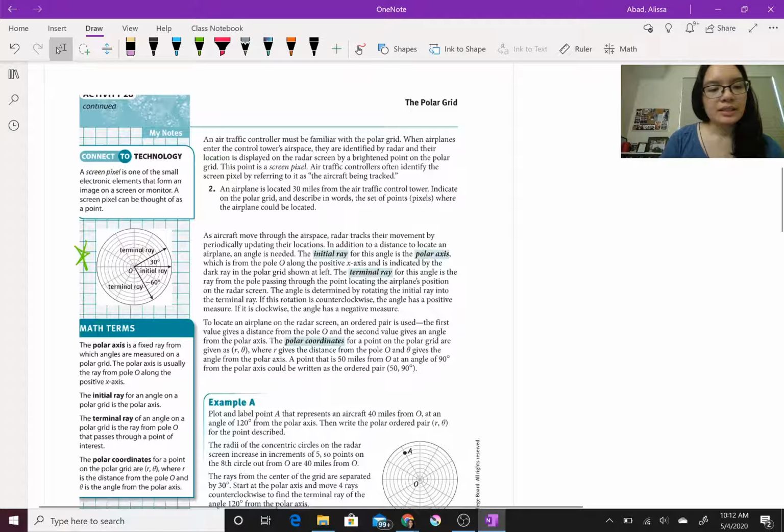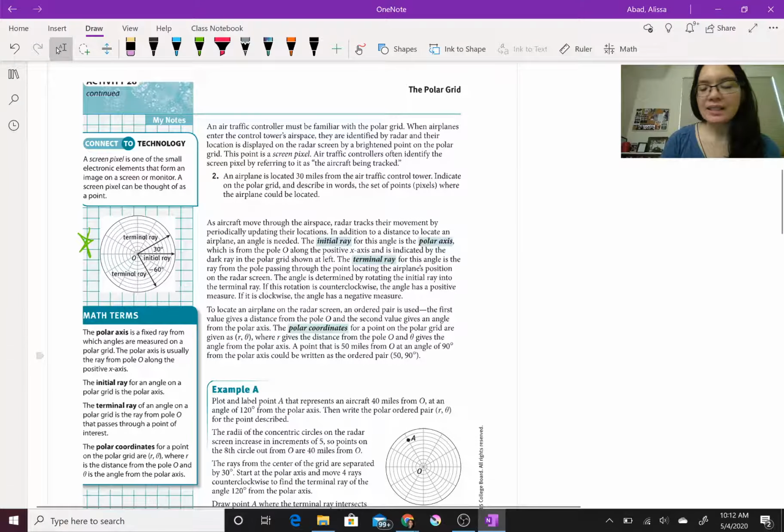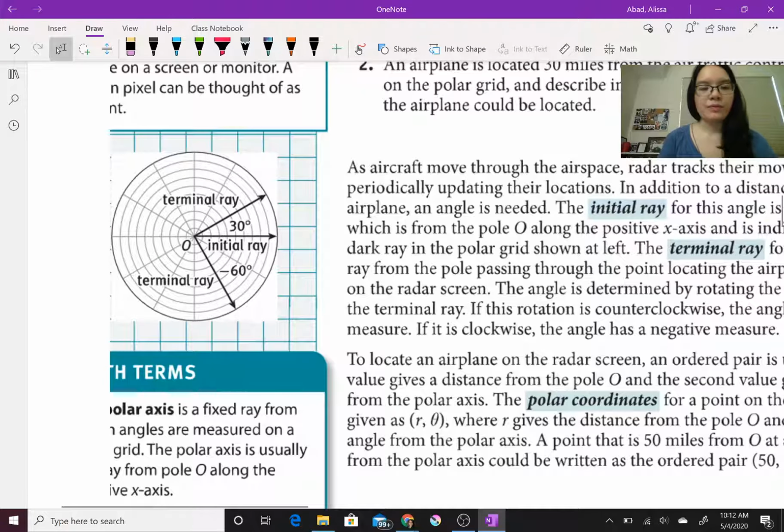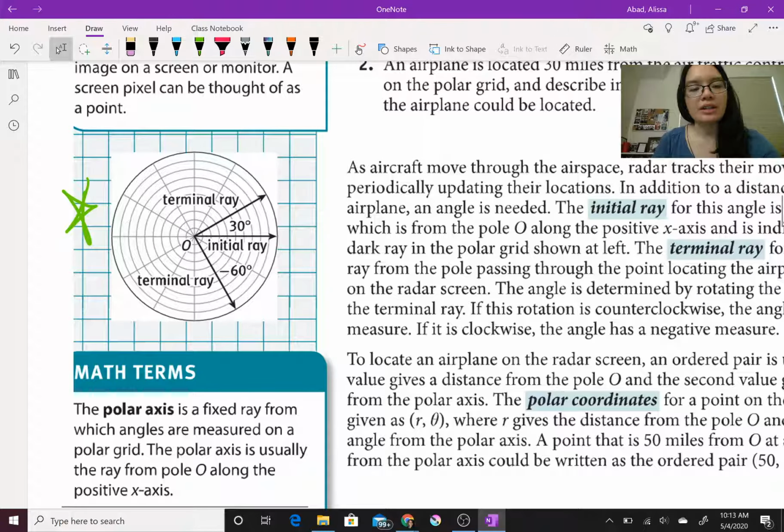Just keep this in mind, it's like how we see our unit circle, and we have our initial ray starting from 0 degrees, and then we go to the terminal angle that we're going to be using.